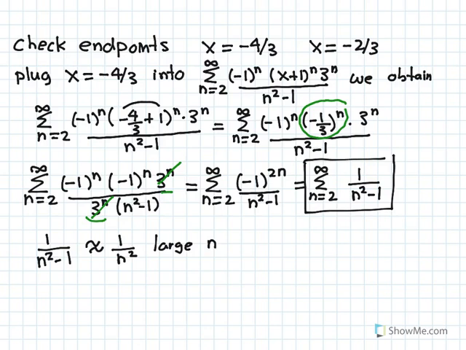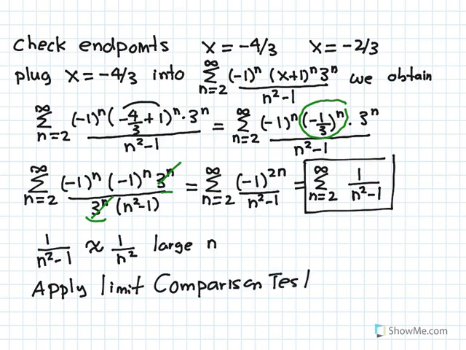So it's intuitive to apply the limit comparison test. With the comparison, b sub n is equal to 1 over n squared, and a sub n is the general term of our series, 1 over n squared minus 1.